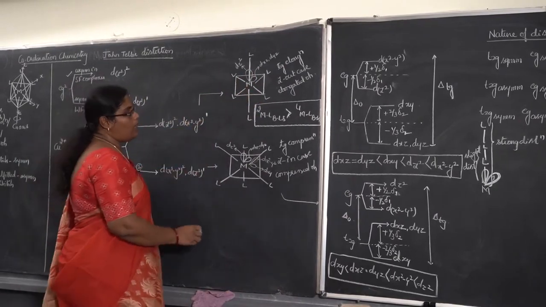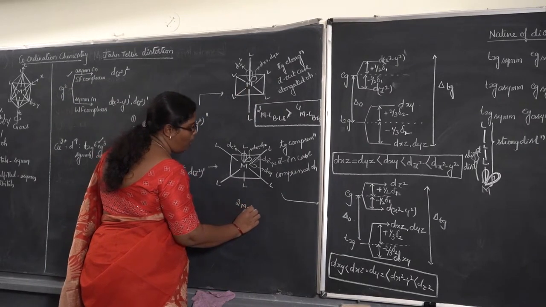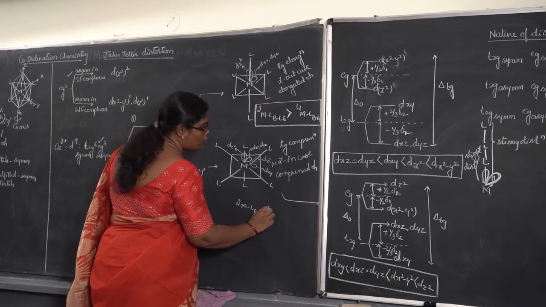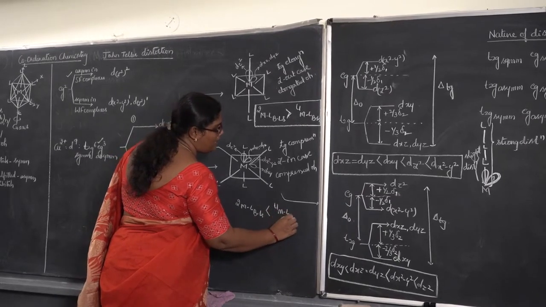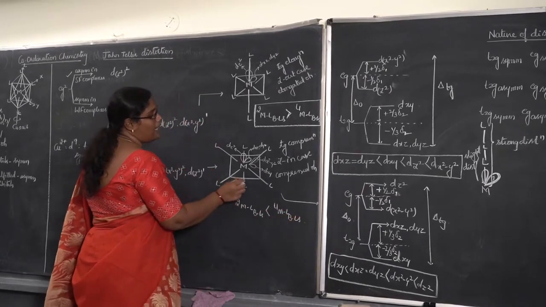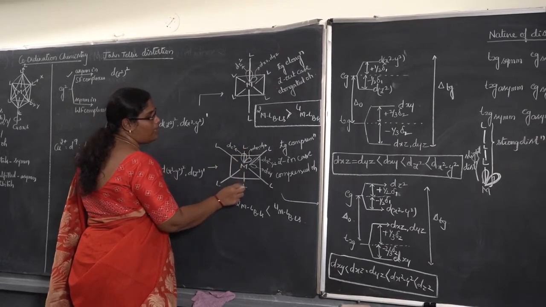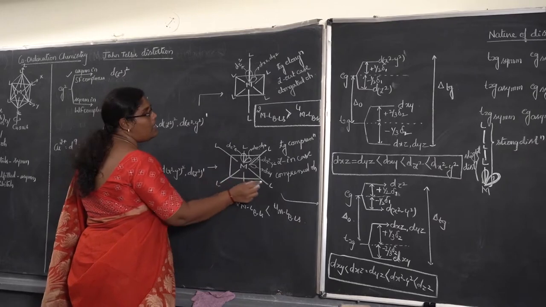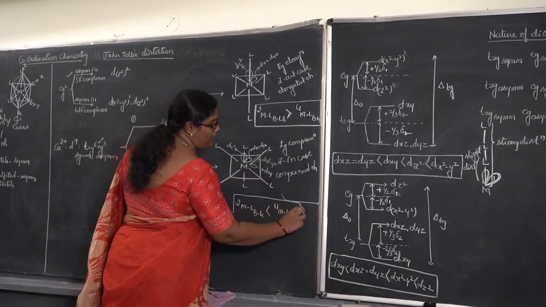And in tetragonal compression, two of the metal ligand bond lengths are shorter than four of the metal ligand bond lengths. Ligands along the z-axis are close to the metal, so their bond lengths are shorter than the metal ligand bond lengths along the x and y axes.